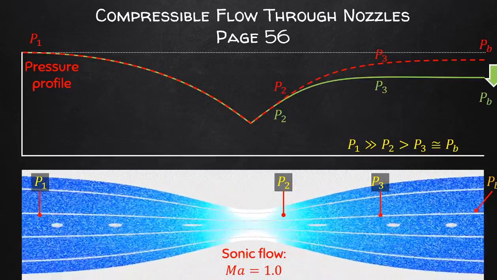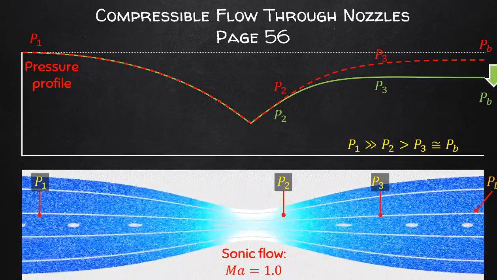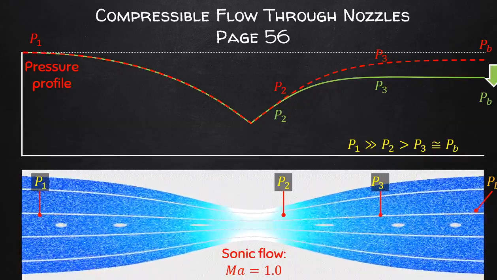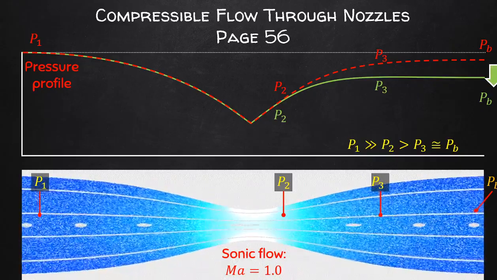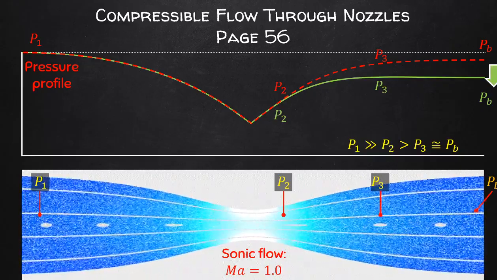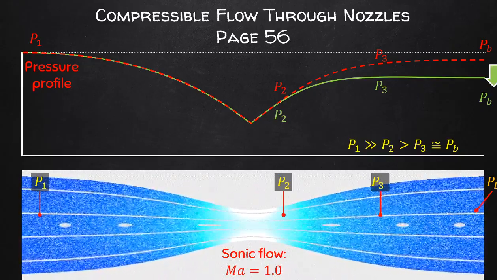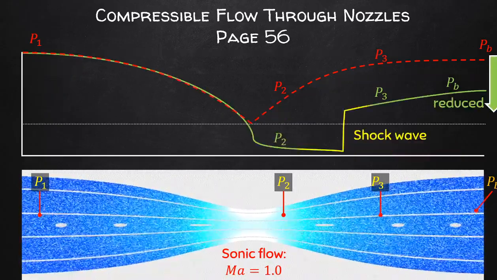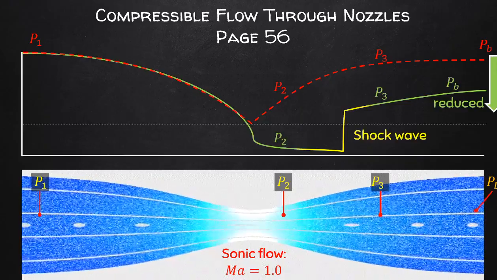So the pressures will drop more and more, closer and closer to the throat. If the flow reaches sonic conditions, then the velocity inside the throat will reach a maximum value, and it will also cause some throttling, some noise to occur.